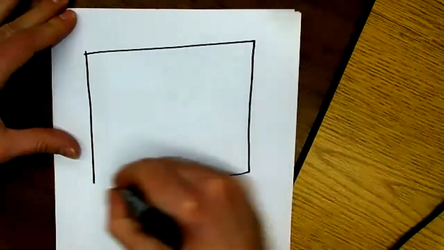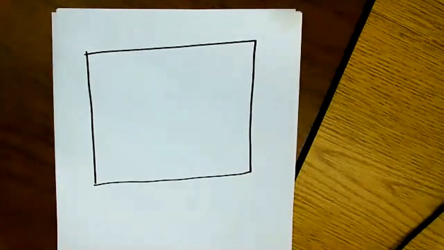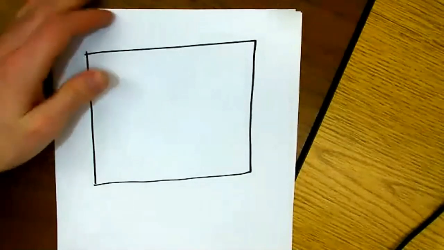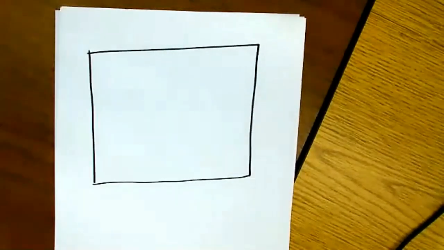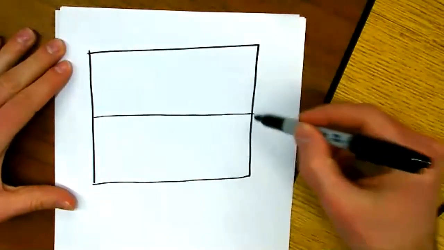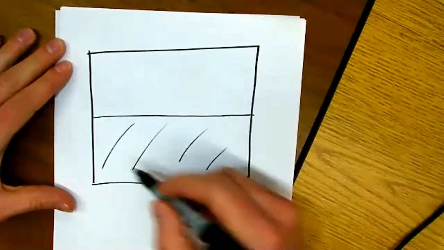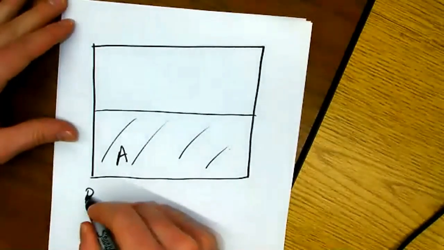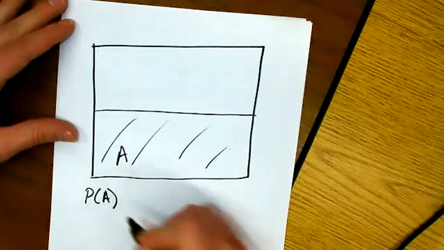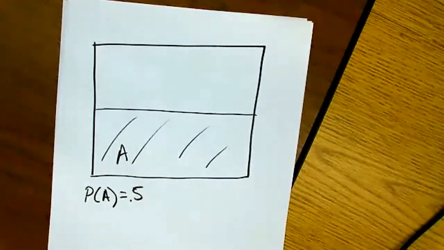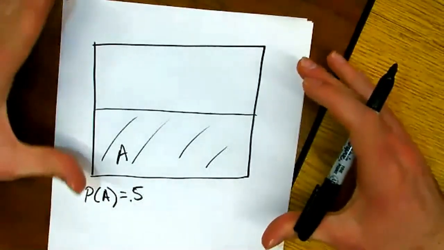So I've been drawing up to this point circles to represent the events. They don't have to be circles. It could be any shape. So I'm going to use rectangles here because I think it helps fall in line with the numbers a little bit better. So let's say this entire area here is event A. And I tried to draw this in such a way that it looks like it's exactly half of the entire experimental outcome space, right?